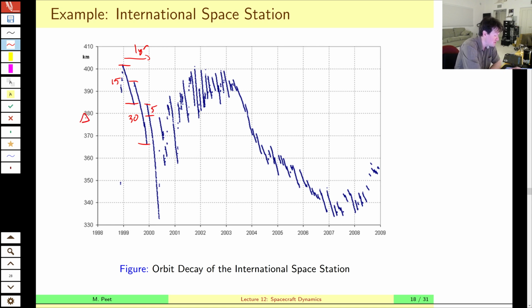So a delta in that year of 45, 50 kilometers. The space station is only orbiting around 380 kilometers to begin with. So if you're losing 50 kilometers in a year, then you're going to very quickly not have an International Space Station. So obviously you've got to boost your altitude, so there's a delta V budget for that.